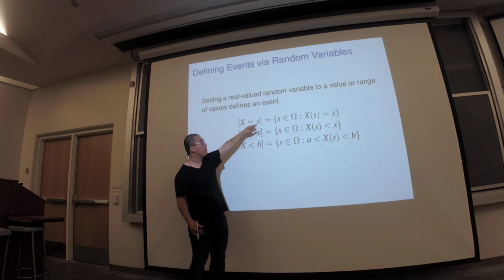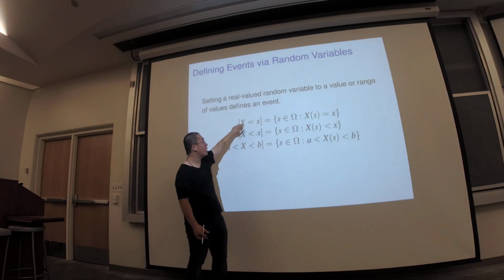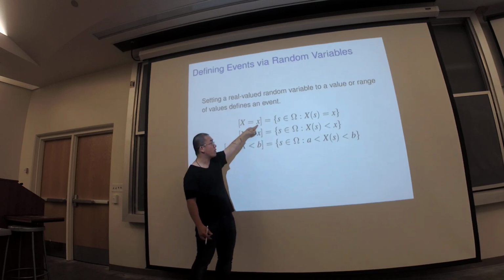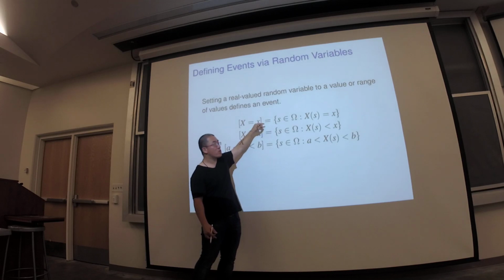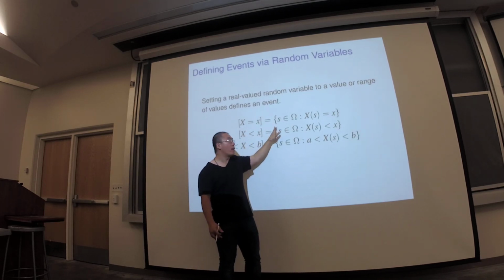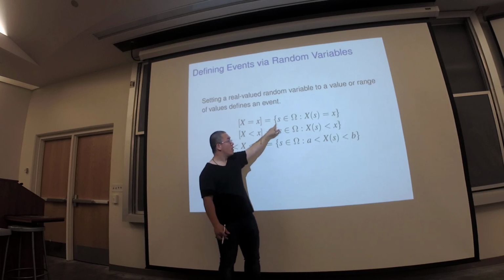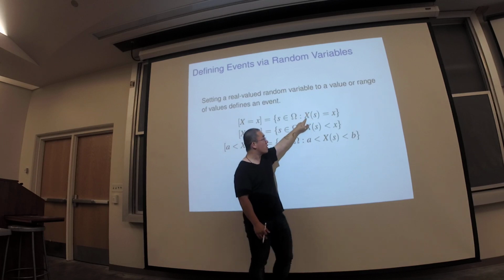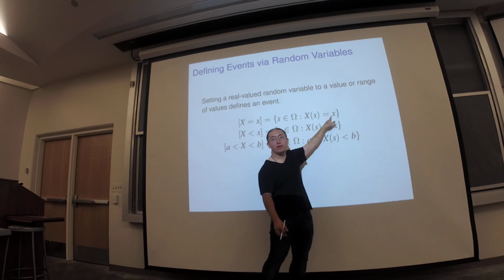For the event that the random variable function value is a particular value x, it corresponds to the event, and remember, an event is a set of outcomes, for which each outcome has its corresponding random variable value equal to this specific value x.